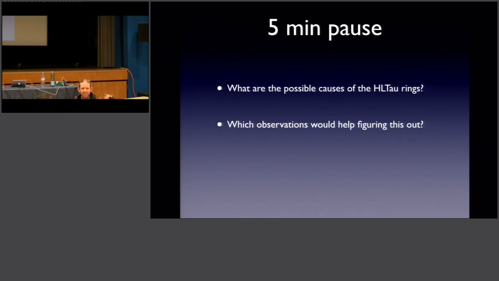Like somebody else said, because the disk is so young, you should still have some viscosity, so the resonance should not be. Yes, exactly. It's so young, this one is a class 1 source, in fact. So there is still a lot of accretion from the envelope.